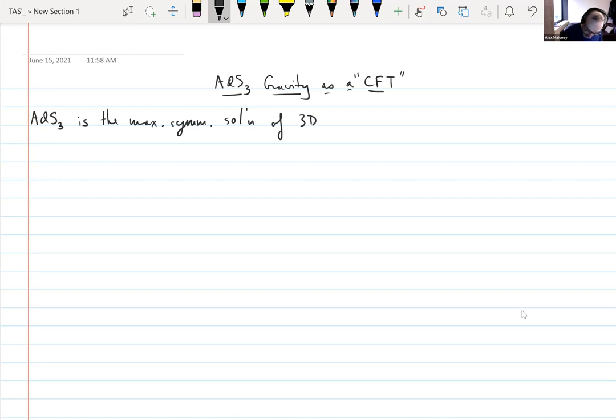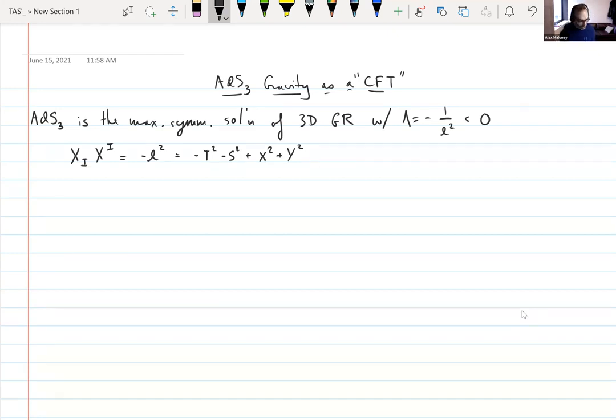And in particular, if you're studying general relativity in 3 dimensions, and you have a negative cosmological constant, which I'll call -1/L², where L is a dimensionful parameter with the units of length, then one way of characterizing AdS is as a hyperboloid embedded in a space of 1 higher dimension. So in particular here, I'm writing the AdS hyperboloid as a hyperboloid embedded in a 4-dimensional space.